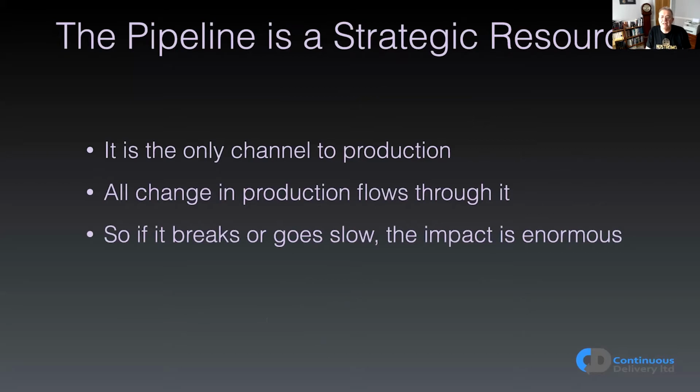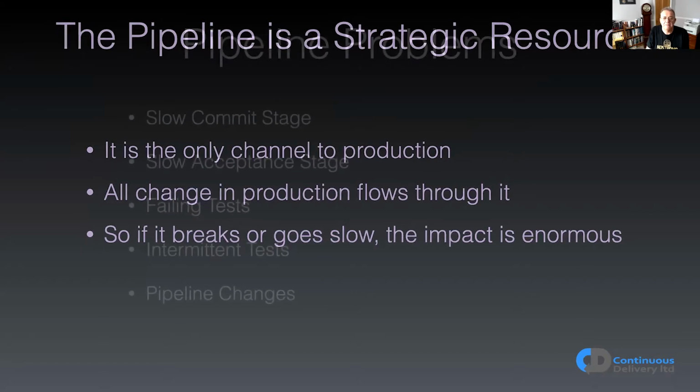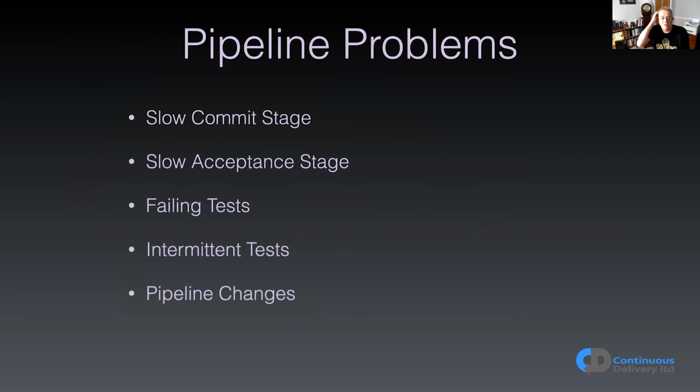And so if it breaks or goes slow, it's a big impact on your organization and your ability to develop at all, really, because this is the core of delivering feedback into the development process. So performance problems in the pipeline are important. And figuring out how to optimize to keep the feedback from the pipeline fast and timely is important too.